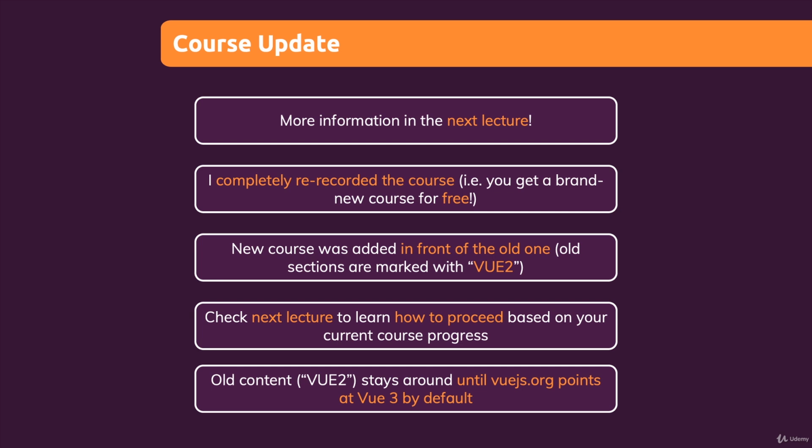So until Vue.js.org points at Vue 3 by default, basically. That's my plan, so you can expect that the old Vue 2 sections stay around until the end of the year, at least if the Vue team is able to keep its timeline.